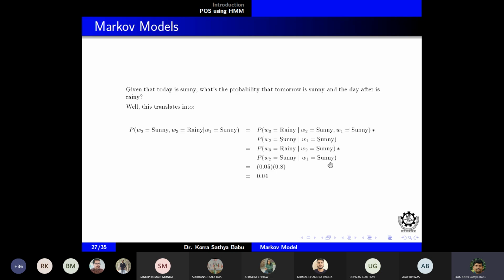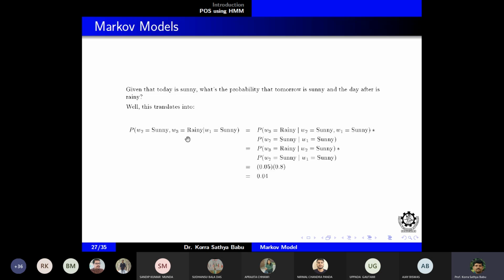This can be computed using bigrams only. You are not interested in trigrams here, so you take bigrams. You take the probability of W3 equal to rainy given W2 equal to sunny, multiplied by the probability of W2 equal to sunny given W1 equal to sunny, where W1, W2 represent the weather on day 1, day 2. You get these values from the state transition diagram.